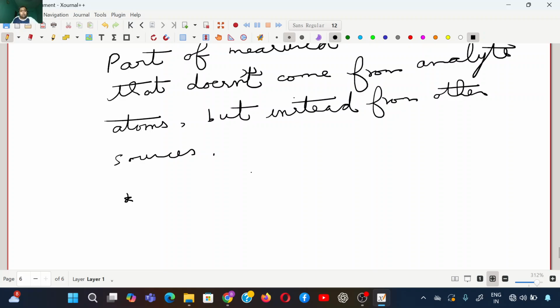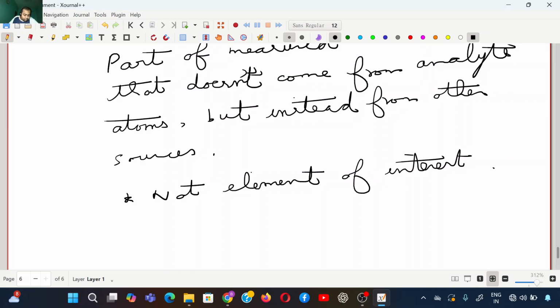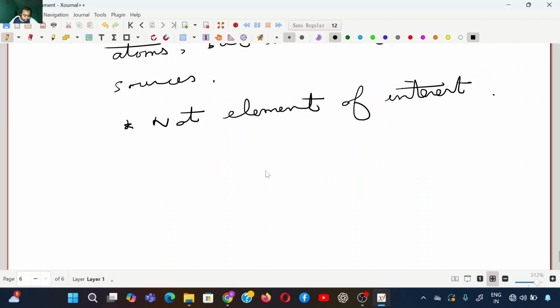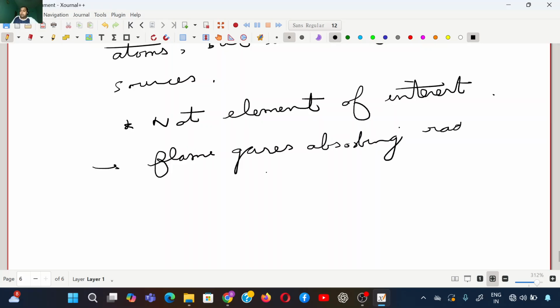Basically, not the element of interest to me. So you can have those same gases absorbing radiation.